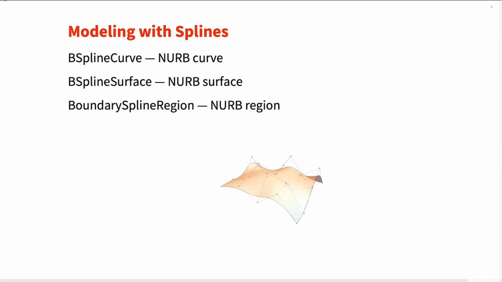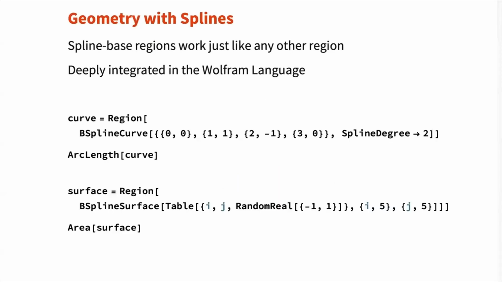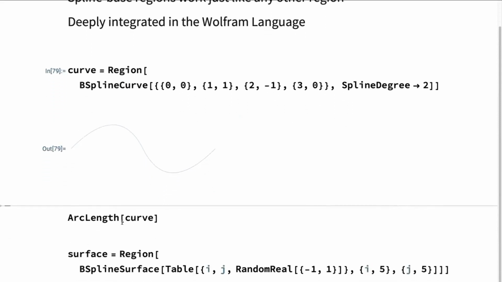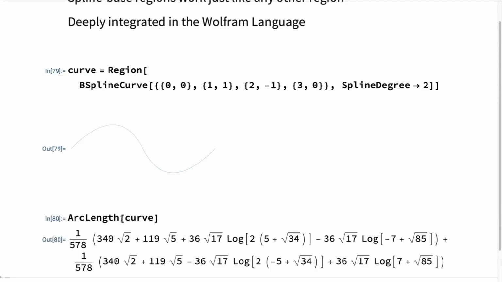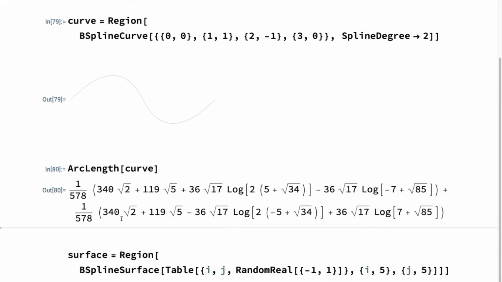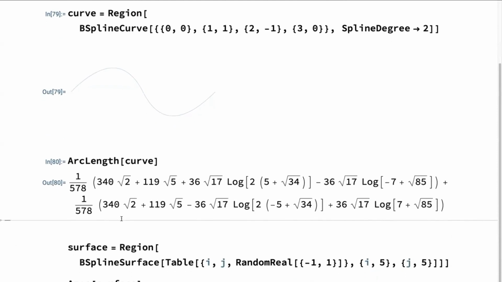This spline-based region can be constructed in a variety of ways, including from points, extrusion, and Boolean operations. Spline-based regions just work like any other region. They can be analyzed, used as input to solvers, or as building blocks to construct more complex regions.